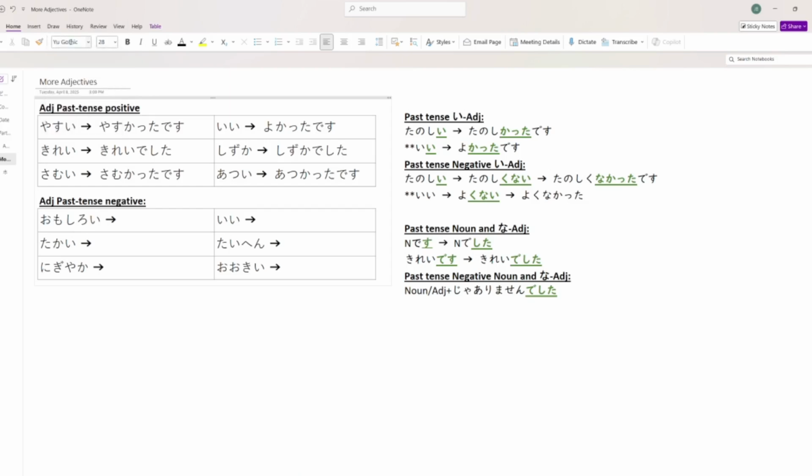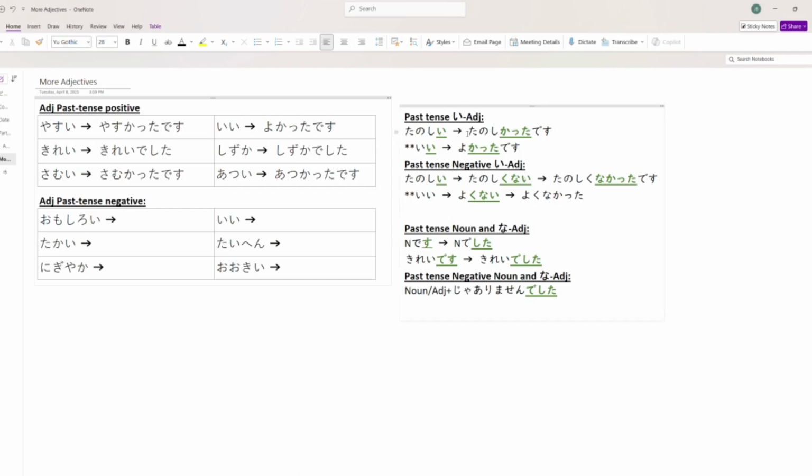All right. So we have omoshiroi. Omoshiroi ends in E. I don't think it's a na. Hold on, I'm looking at the past tense chart.